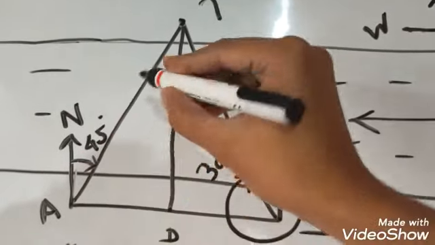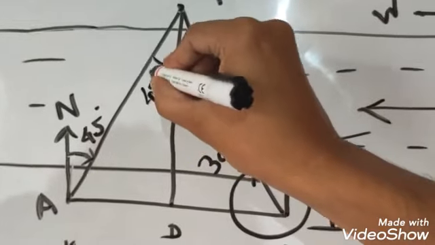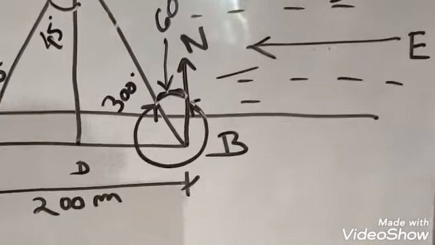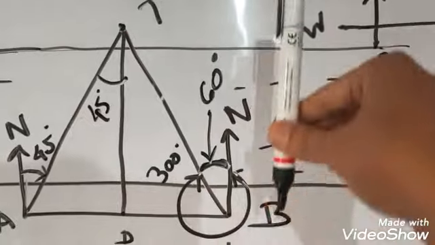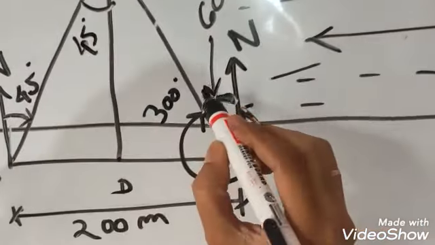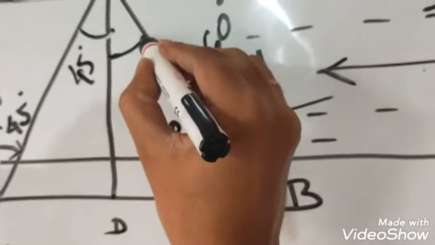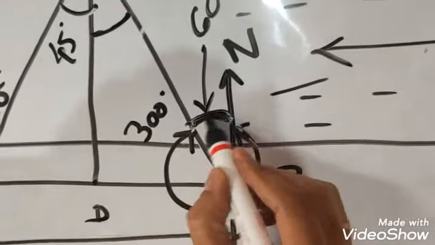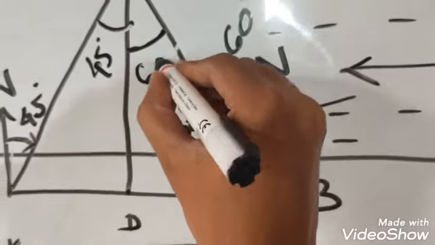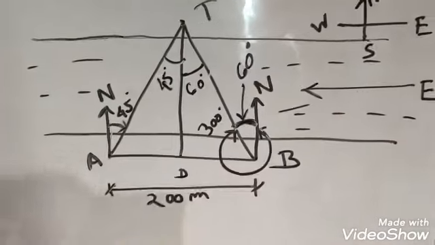So if it is 45 degrees, then this is also going to be 45 degrees. Just like that, this angle will be equal to this angle. So if this is 60 degrees, then this is also going to be 60 degrees.